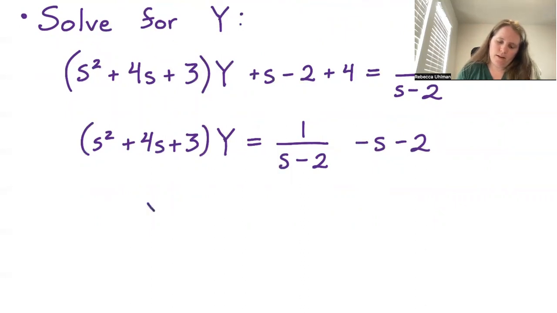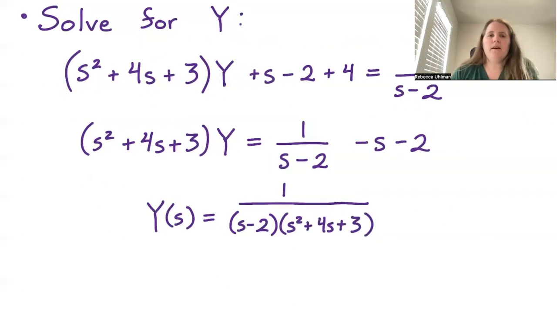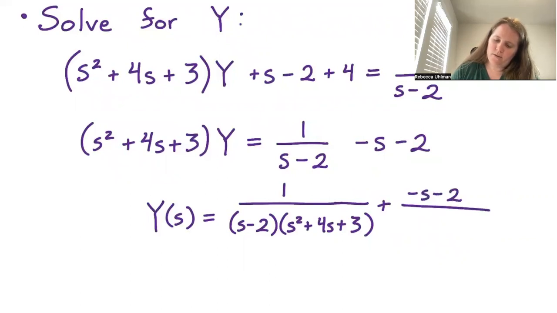And we wind up getting that capital Y of s should be equal to 1 over (s minus 2) times (s squared plus 4s plus 3), all in the denominator, plus (negative s minus 2) all over (s squared plus 4s plus 3).